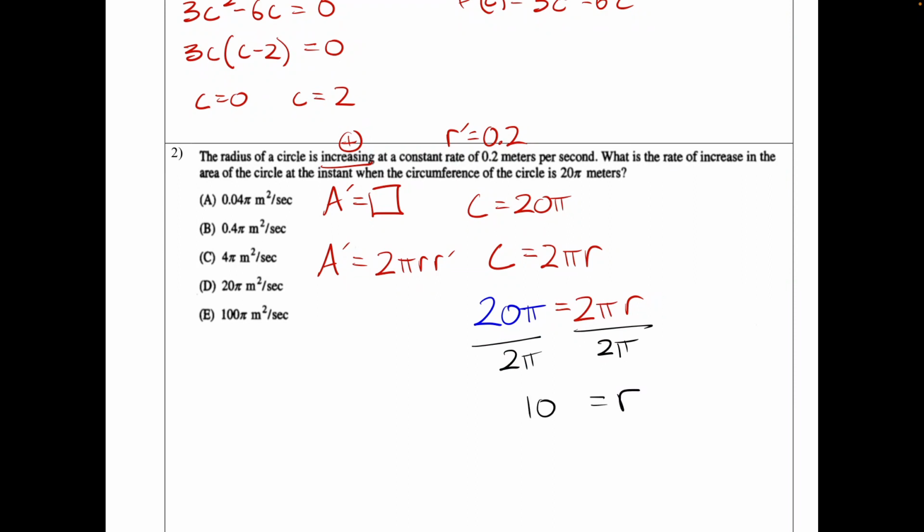And let's plug in everything to A prime. A prime in this case is equal to 2 pi. What's r? We have 10. We just found that. And r prime came up here from the problem, 0.2. Multiplying those together, 0.2 times 10 is 2. 2 times 2 is 4. So I get A prime here is equal to 4 pi. Correct answer here is C.